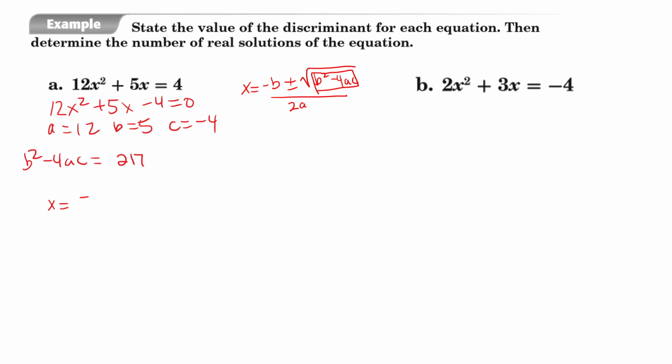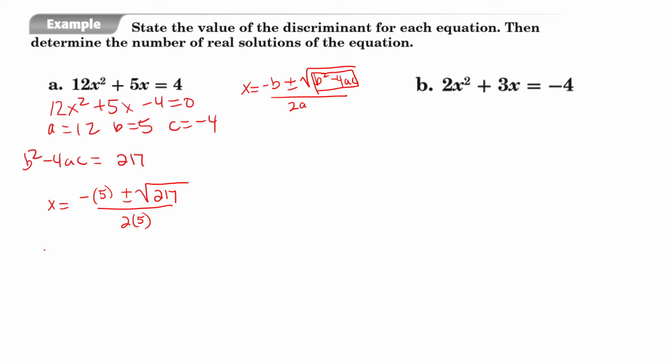Negative B, well, B is 5, so that would be negative 5 plus or minus the square root of b squared minus 4ac, but we already did that. It's 217, all over 2 times a. So you've done most of the hard work.